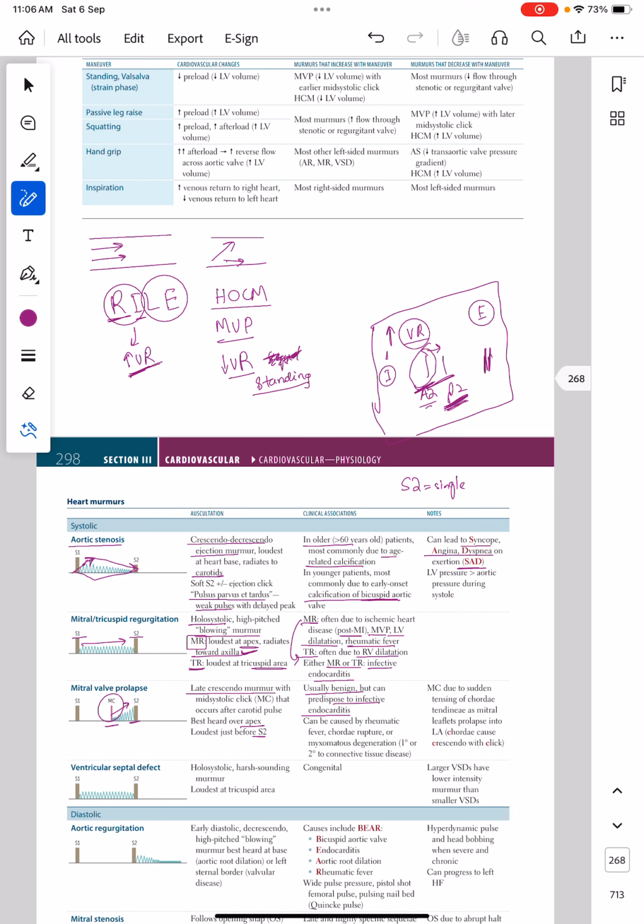Whenever venous return decreases, these murmurs increase in intensity. Why? Because when venous return decreases, the left ventricular cavity shortens in size. In HOCM, whenever venous return decreases, the left ventricular size also falls, so the obstruction is further increased. When obstruction is further increased, it increases the murmur in intensity. Similarly, in MVP, the same thing happens. We can discuss it here.